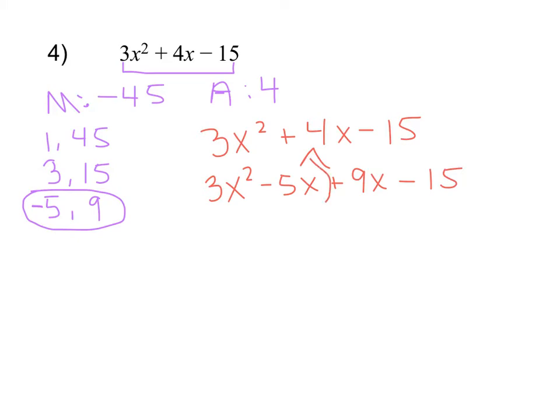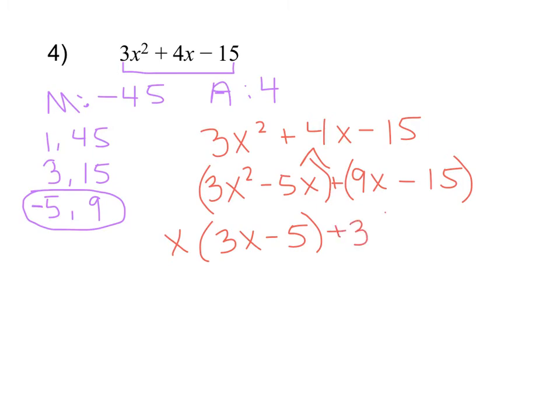I'm going to combine the first two terms and the last two terms. The greatest common factor between 3x squared and a negative 5x is just an x. That's what they have in common. And then what's going to be left is a 3x minus 5. And then in our second term, the greatest common factor is a 3.